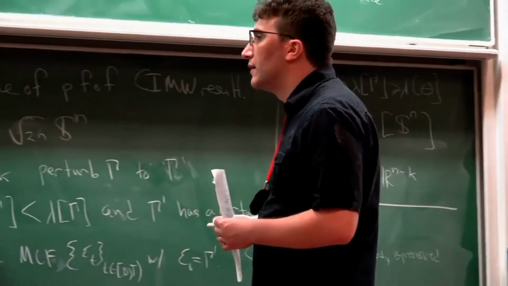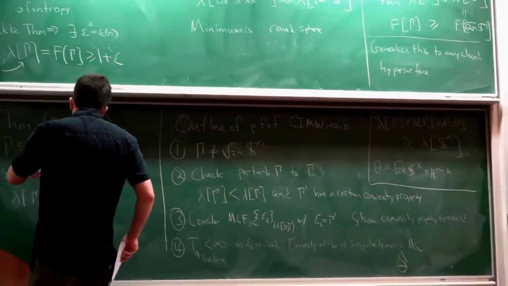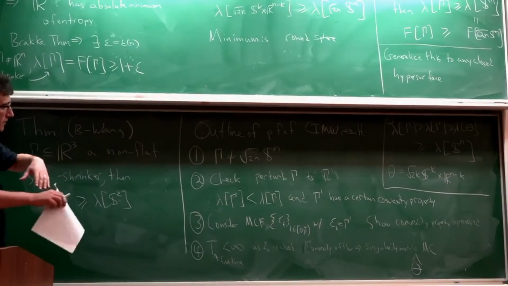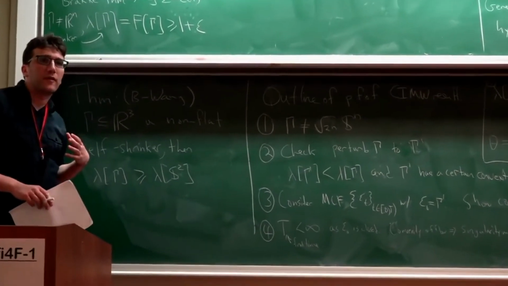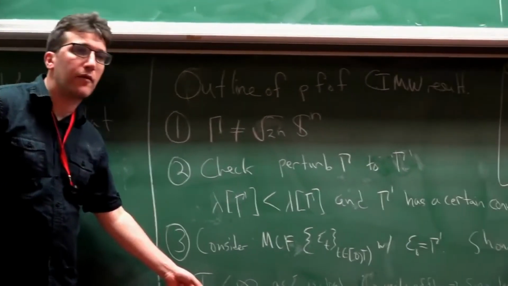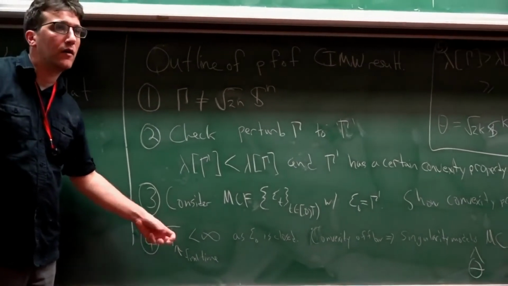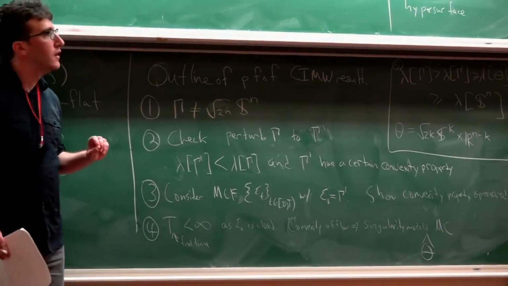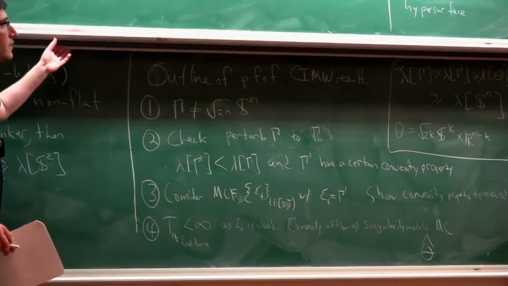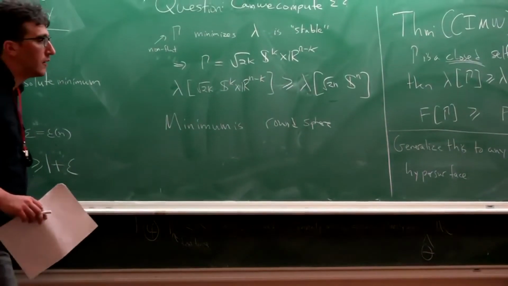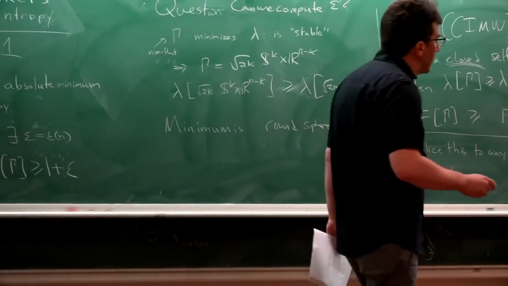And of course, going back to this theorem, the only place we'll have used closed in an essential way is to prove that there is a singularity at all. So if it's not closed, then there may be no singularity, and we don't know how to handle that in general. In dimension 2, we were able to deal with that, but in higher dimensions, we don't know how to deal with that.